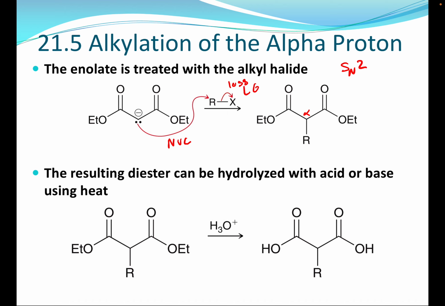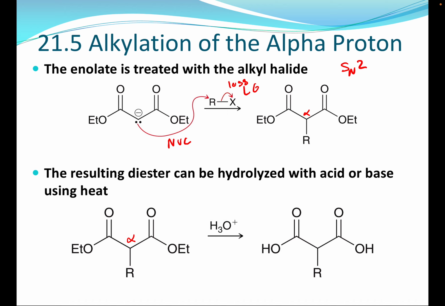So this is a diester product that now has an R group coming off of the alpha position. And if we remember back to our carboxylic acid derivatives, we know that we can hydrolyze our esters and effectively turn our esters back into carboxylic acids.